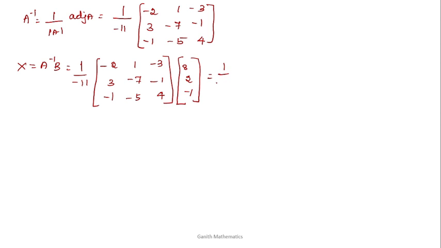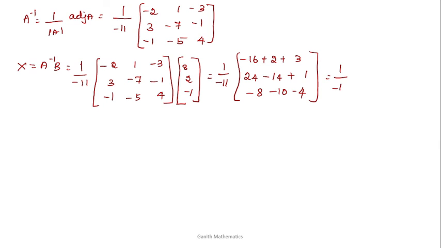So you just keep the constant as it is and do the multiplication. So it is minus 16 plus 2 plus 3, and 24 minus 14 plus 1, and minus 8 minus 10 minus 4.